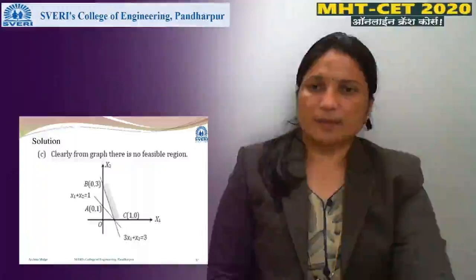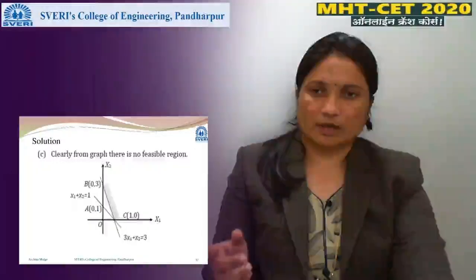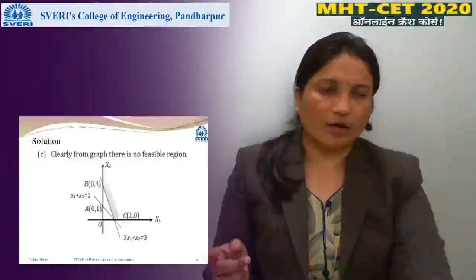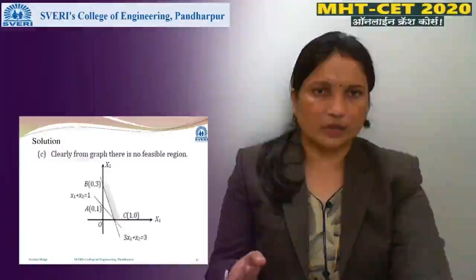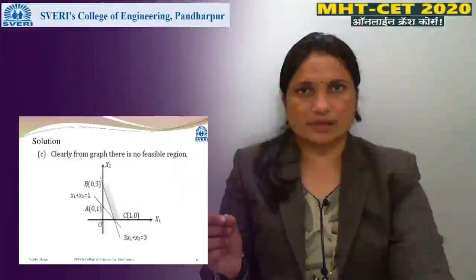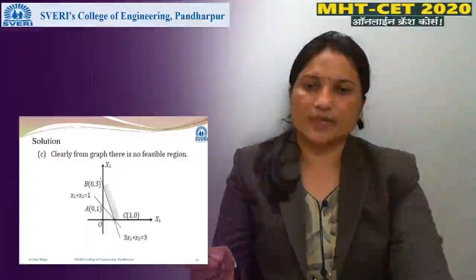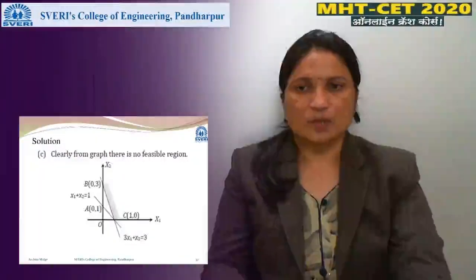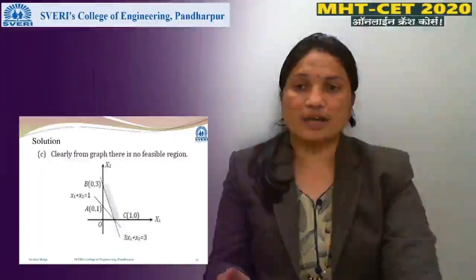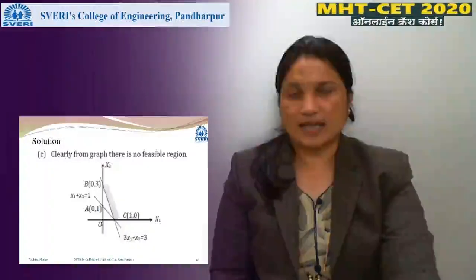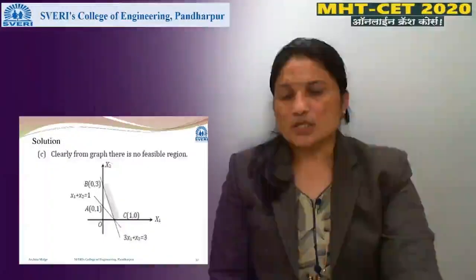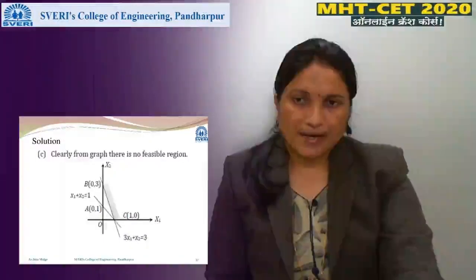So here, using the given equations, we have x1 plus x2 equal to 1, which is the first constraint, and the second one is 3x1 plus x2 equal to 3. By using these two equations, we take these lines and find the feasible region. By using x1 plus x2 equal to 1, we draw a line.